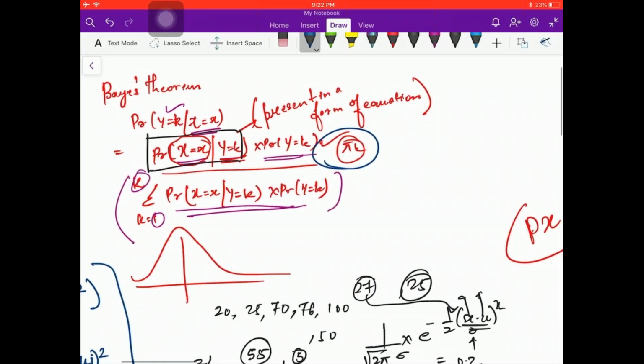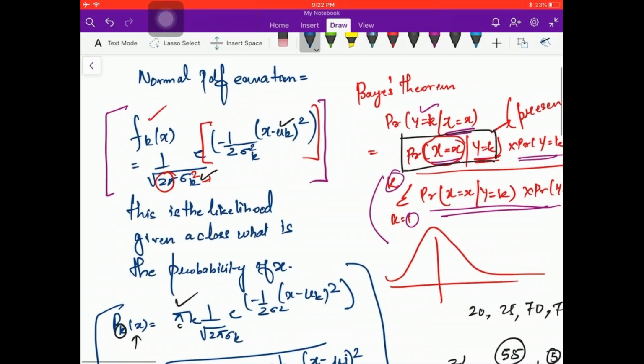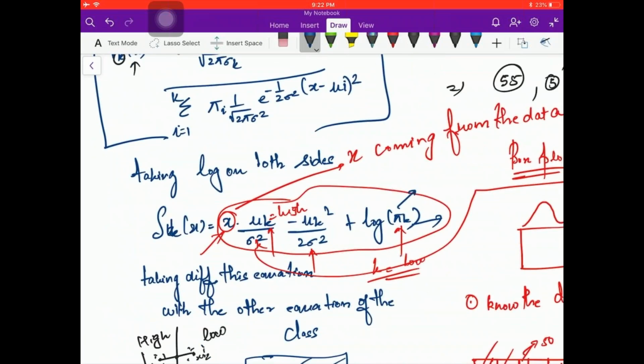Now I understand everything, because that term pi k was not clear, but the equation was clear to me. So that equation you have put here, pi k. After that you take the log, and finally you calculate the result.